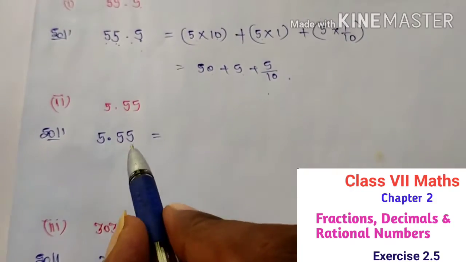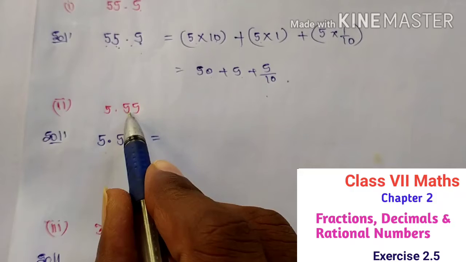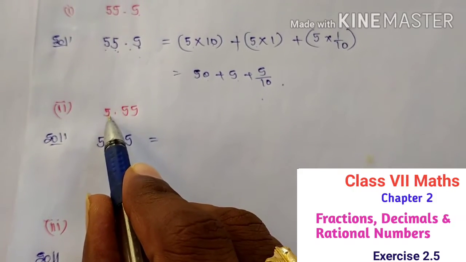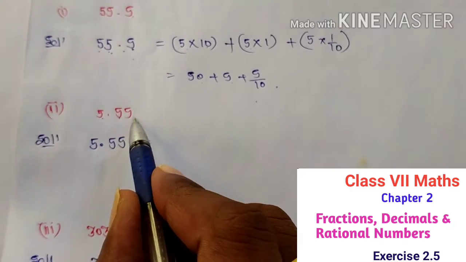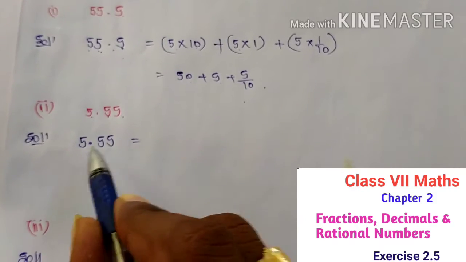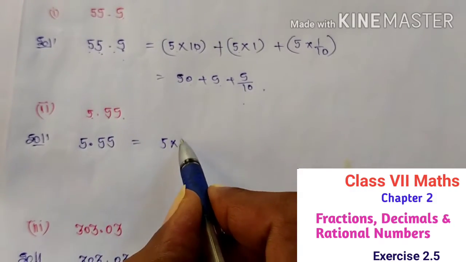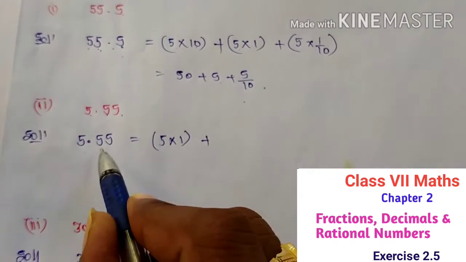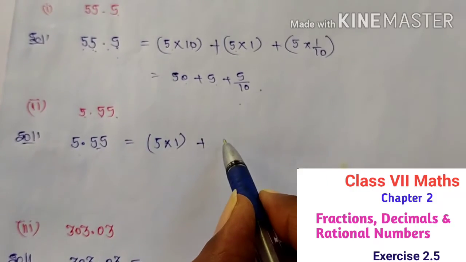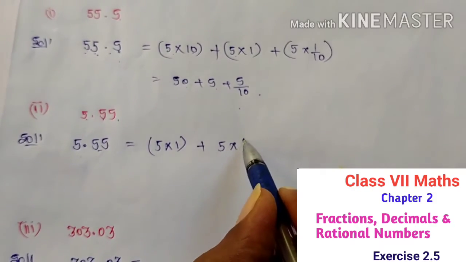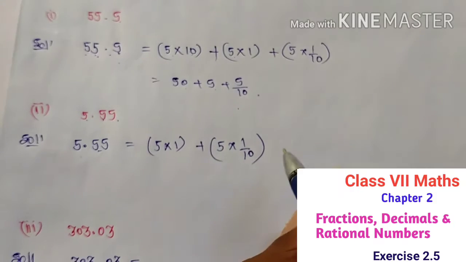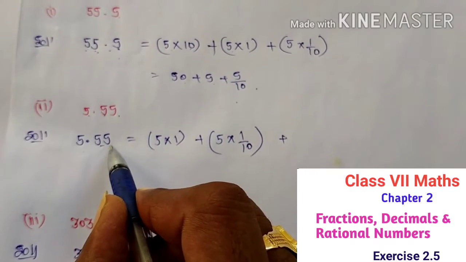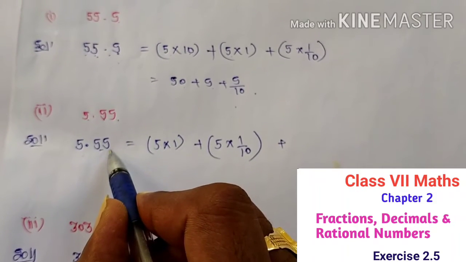In the similar way, one more question, you can see here 5.55, that means here 5 is units place, tenth place, hundredth place. You can write here 5 into 1 plus here 5 is at tenth place, that means you can divide with 10 only, that means 5 into 1 by 10, plus here the second 5 is at which place?